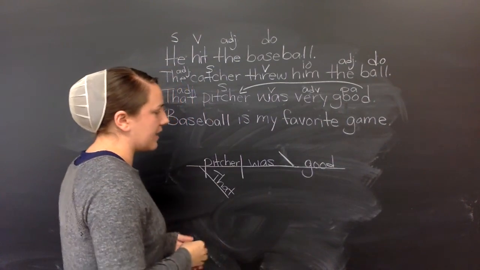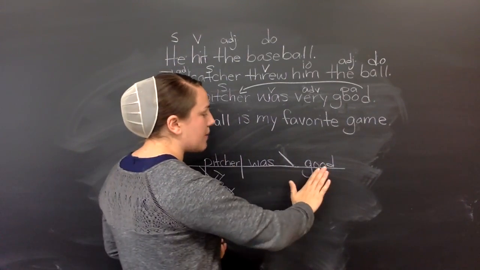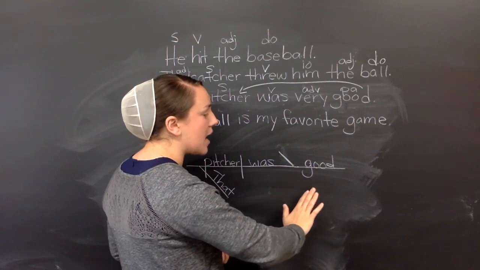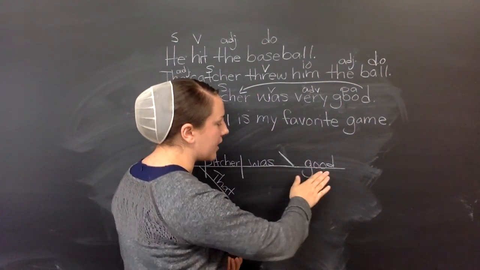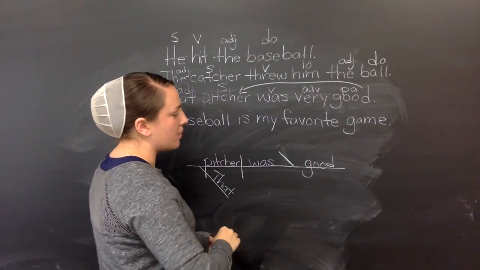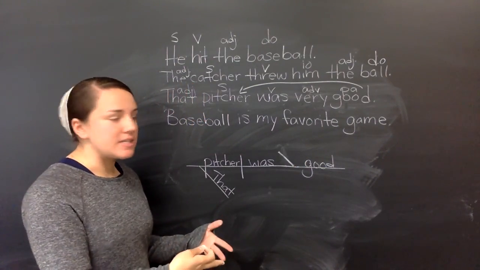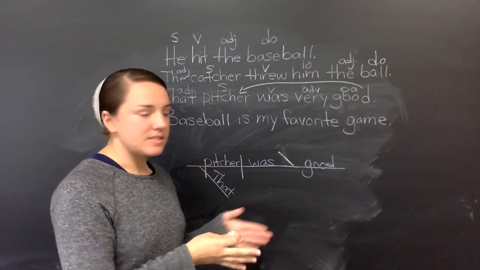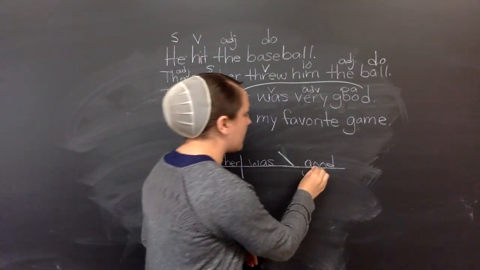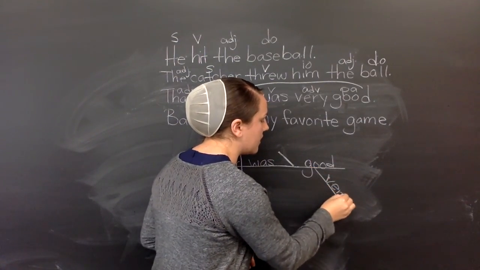You can kind of think of it like that. So both direct objects, predicate adjectives, and nominatives all go right after the verb. But for the predicate adjectives and nominatives, the line is slanted. So remember that. Now we put very right underneath good.